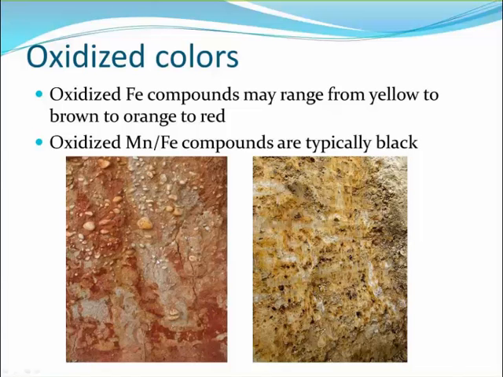Well, this is the reduced part of the soil where the iron is soluble, so it moves out of this part of the soil. The red part of the soil is where the soil is crystalline or oxidized, and that's where it forms compounds that reflect the red part of the color spectrum. And so you can see the red.